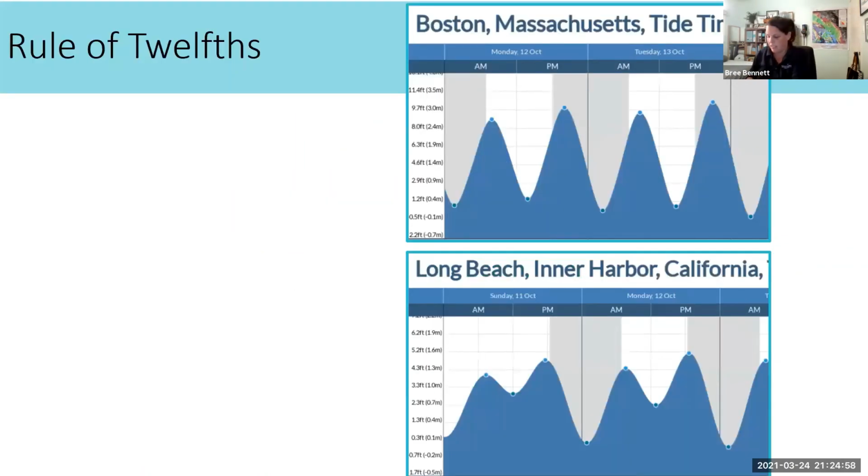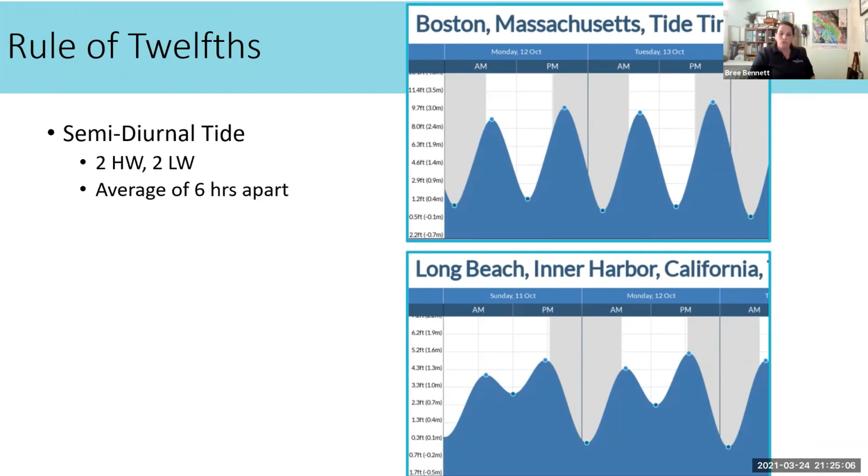Oh gosh, we have 5 minutes left. Quickly, the rule of 12s. The rule of 12s is our quick and easy way to calculate what the tide is, a quick and dirty way instead of doing all this math or having an app.